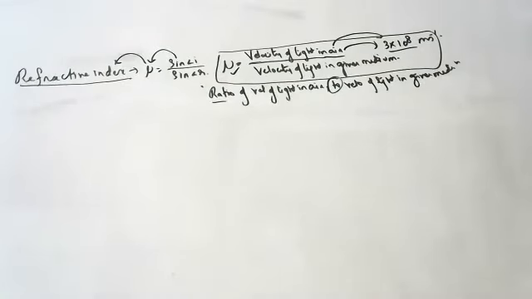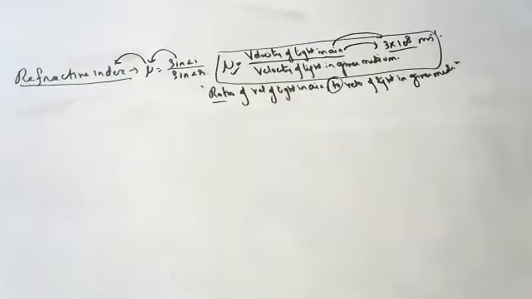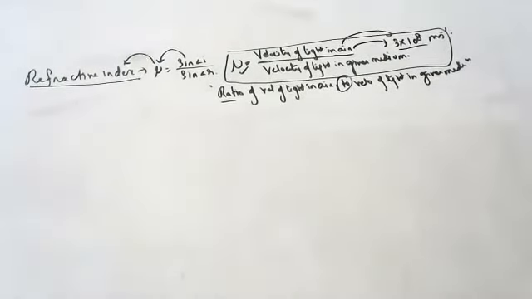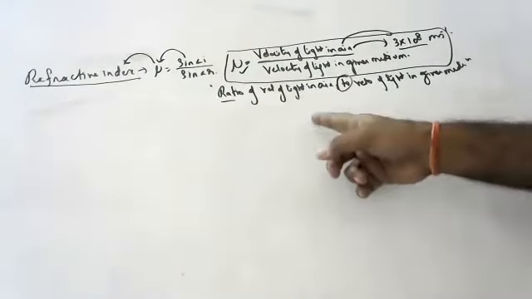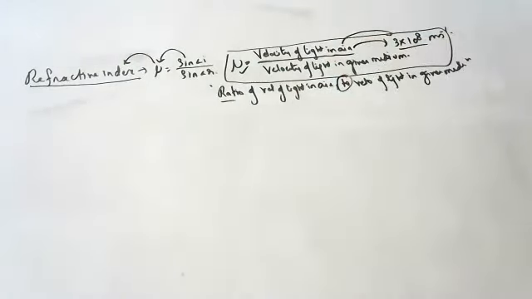Surya? Ratio of velocity of light in air to velocity of light in any other medium. Two numericals, if you do, you will understand, children.